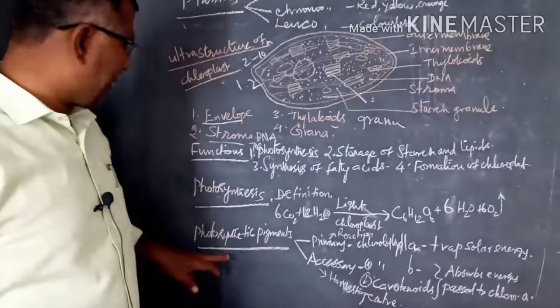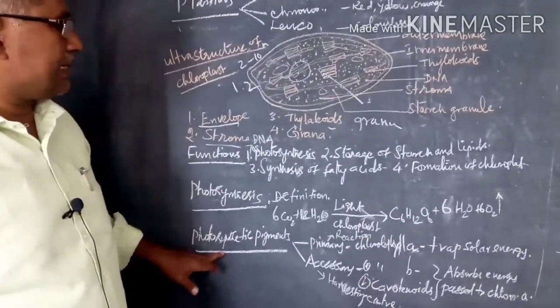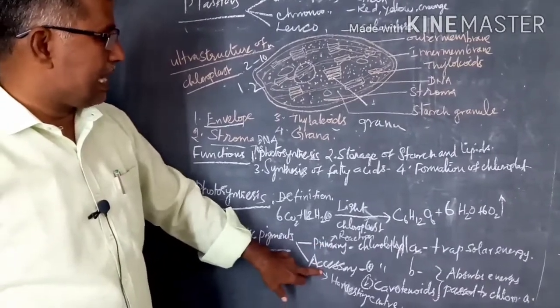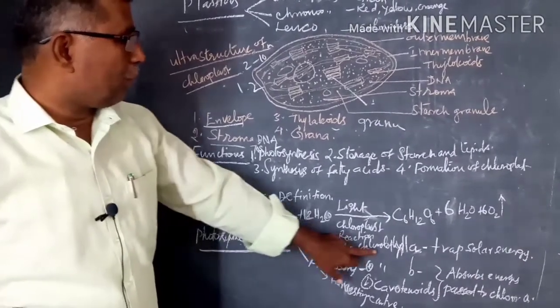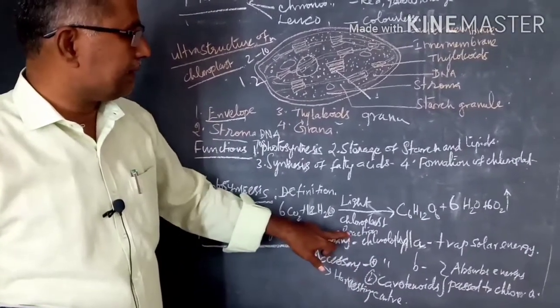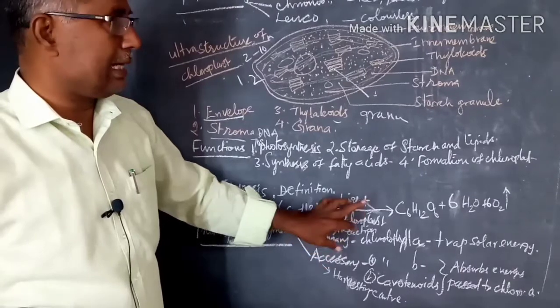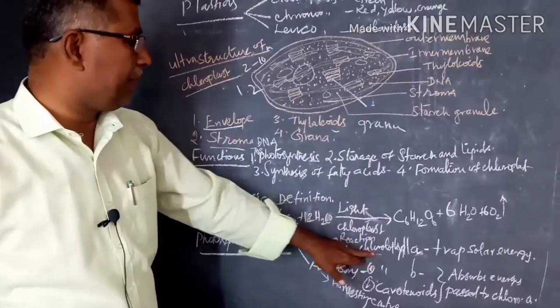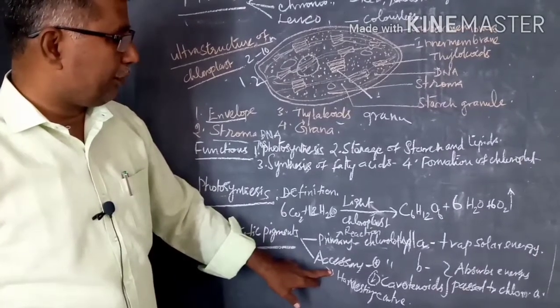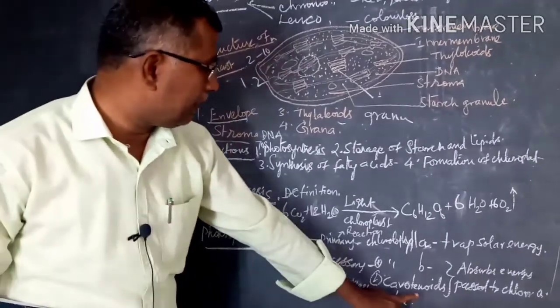What are the photosynthetic pigments? The photosynthetic pigments are divided into primary pigment and accessory pigments. Chlorophyll A is the primary pigment, which is the reaction center, meaning the light energy is trapped only by chlorophyll A. The accessory pigments are chlorophyll B and carotenoids.